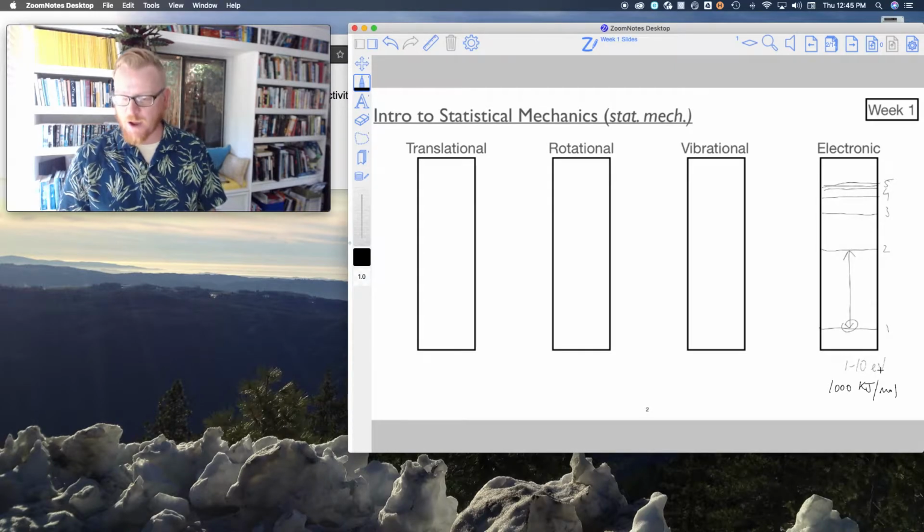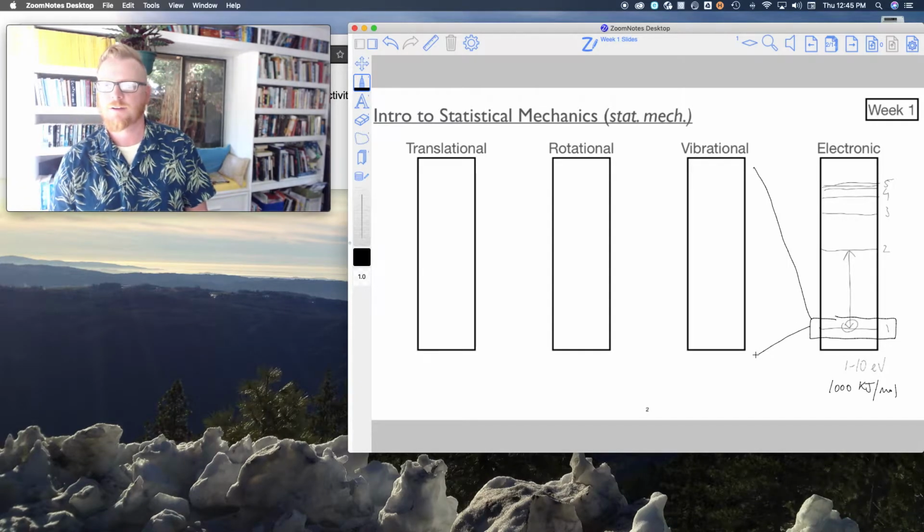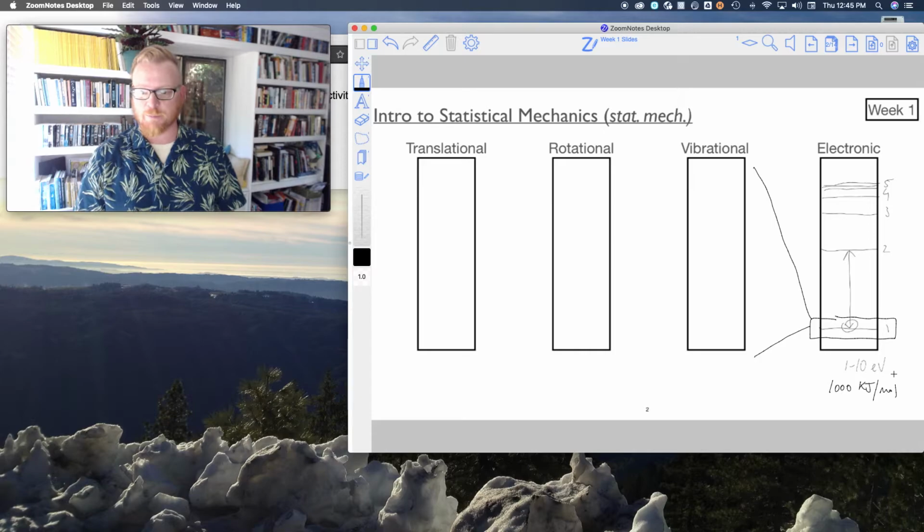So now, if I were to zoom in on this level, right? Just zooming in on that one level would give me the entire energy scale of this vibrational box, okay? And so I can put some energy levels in this vibrational box.